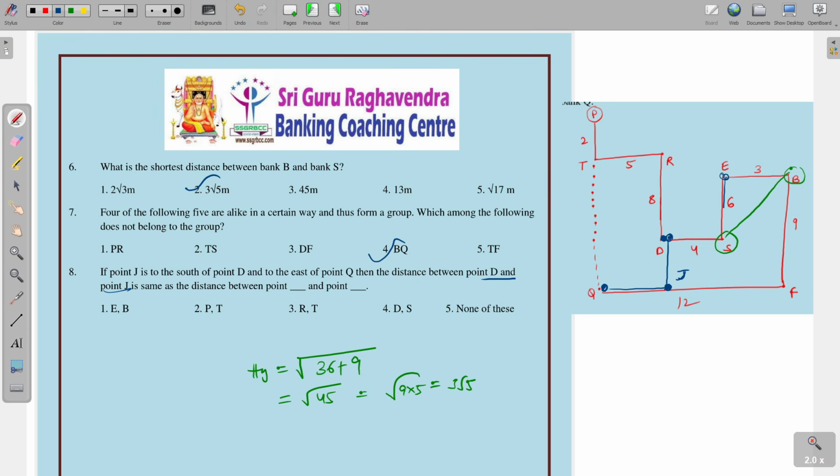From here to here it is 6 meters and here to here it is a total of 9 meters. So, what is the distance here? 9 minus 6, that is 3. Between D and J the distance is 3 meters. Then 3 meters is only between E and B.